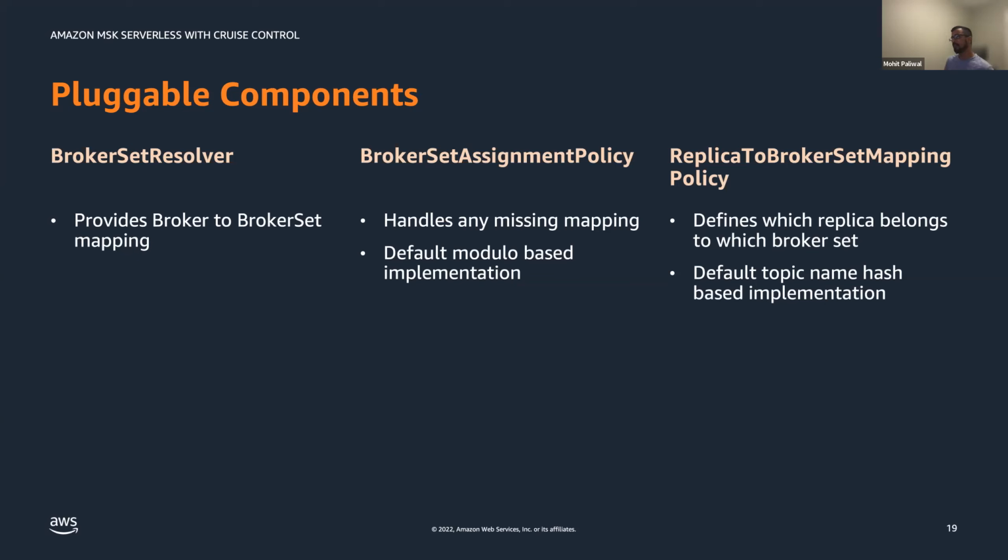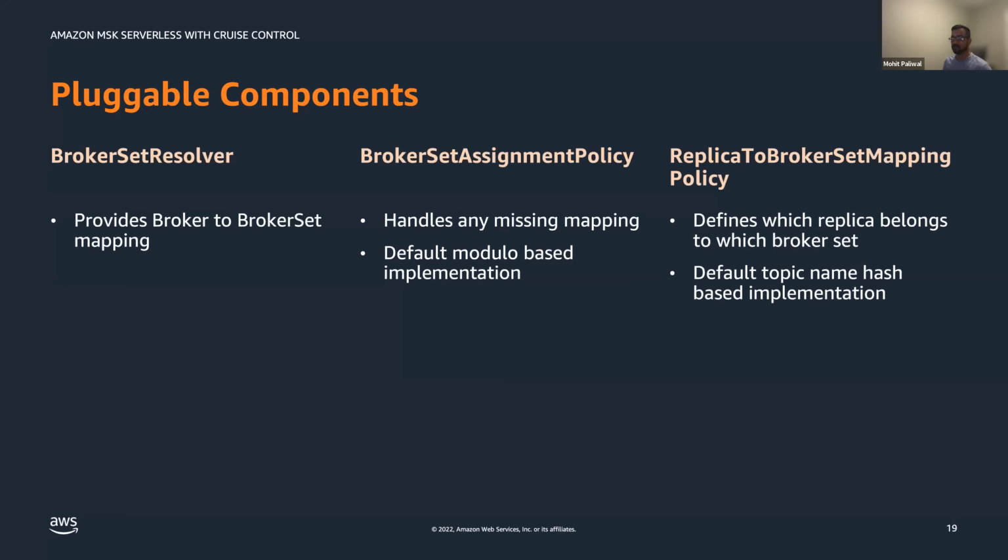The broker set assignment policy is interesting. Since you would keep adding or removing brokers from your cluster, your resolver needs to keep updating the mappings, right? There can be scenarios where you have a missing broker that cannot find a mapping, and these are the edge cases where, in the default implementation, any such broker is mapped by modulo of the number of broker sets.